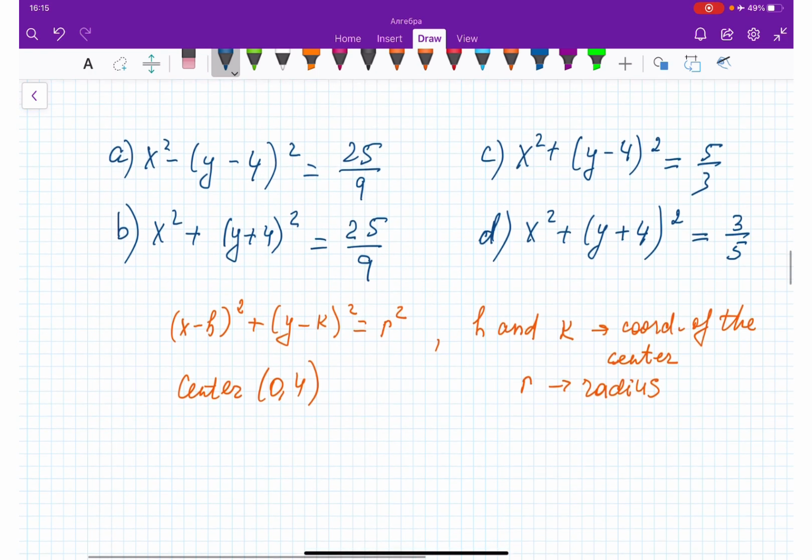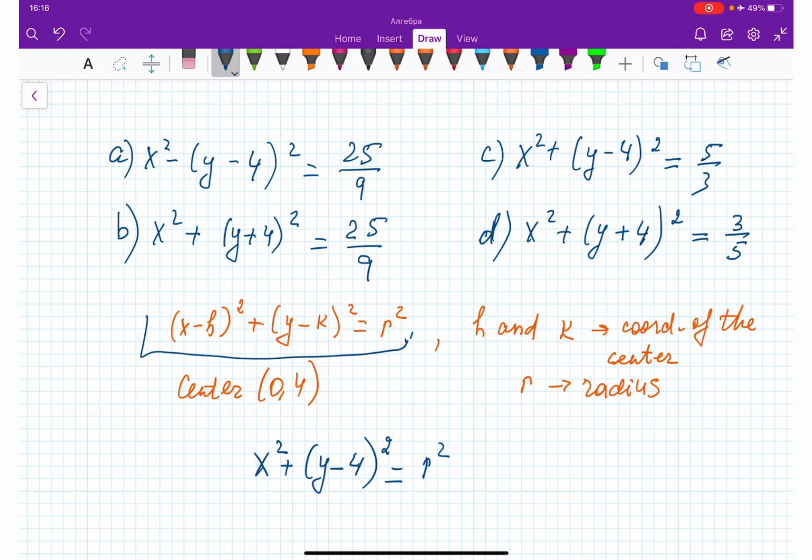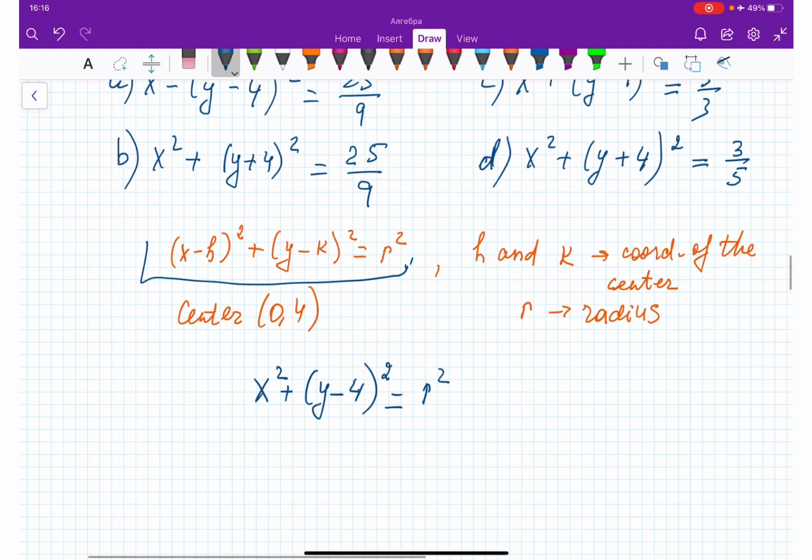Then what we are going to get is x squared plus y minus 4 squared, and that is equal to r squared. Yes, because the main formula is here. The formula for the circle is equal to r squared.